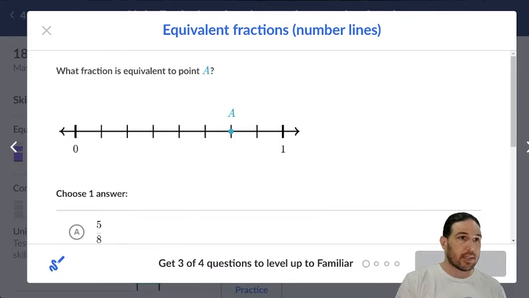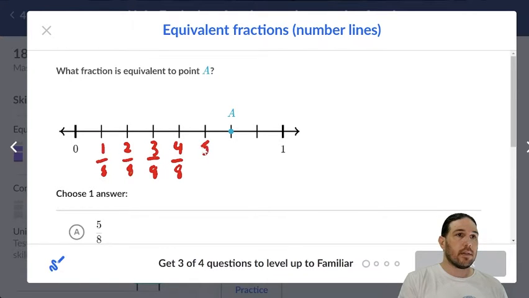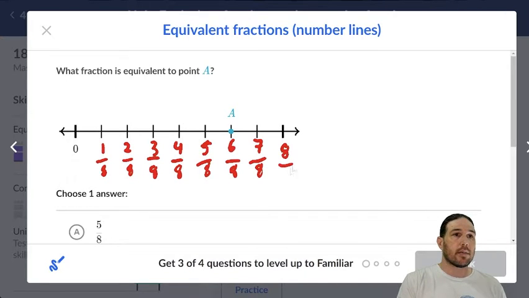In other words, this is 1/8 right here. This is 2/8, 3/8, 4/8, 5/8, 6/8, 7/8, and then 1, which is the same as 8/8.